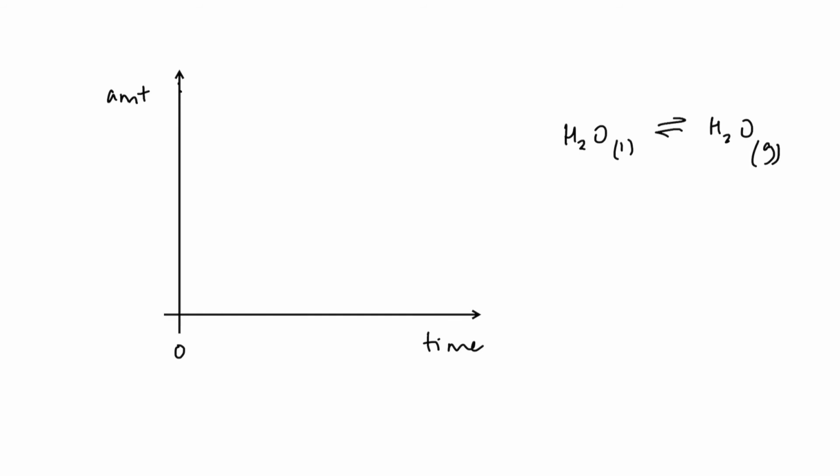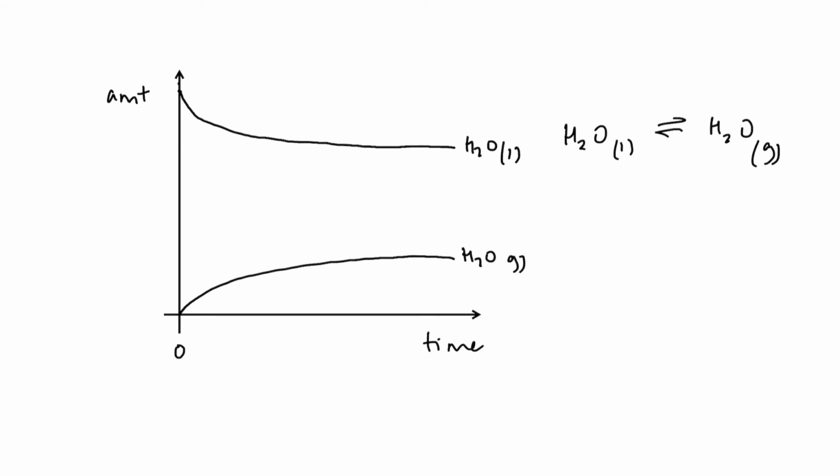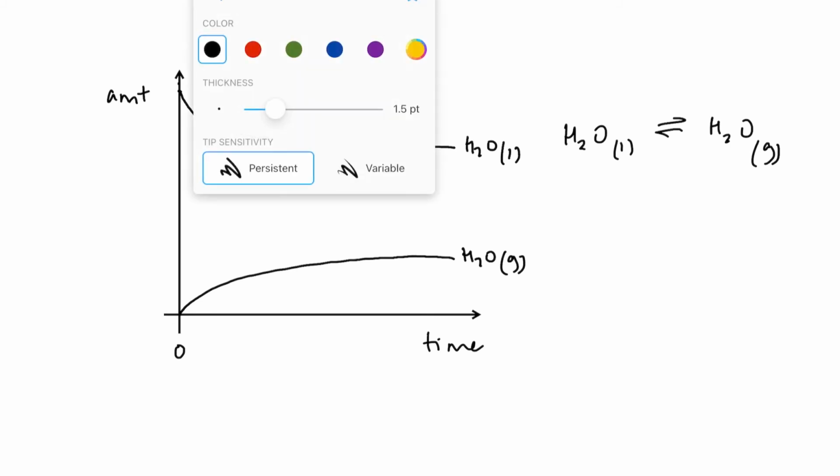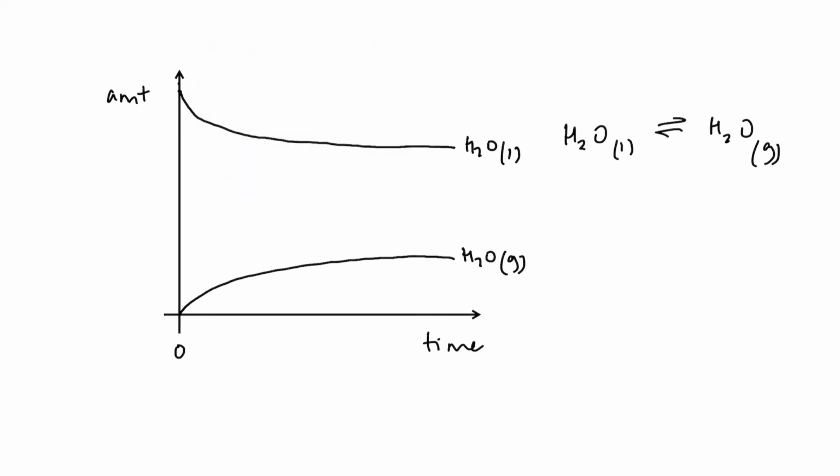Conversely, if I put my bag in the fridge, less water will evaporate, and it will evaporate much more slowly. So a new position of equilibrium would be established in which I have much lower amounts of gaseous water in the atmosphere in my bag and much higher amounts of liquid water.